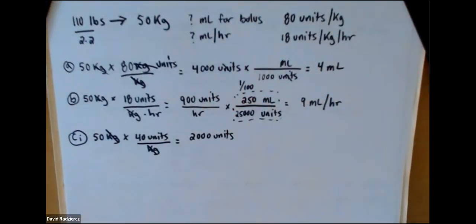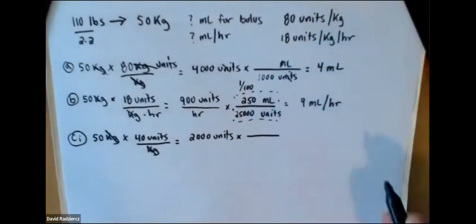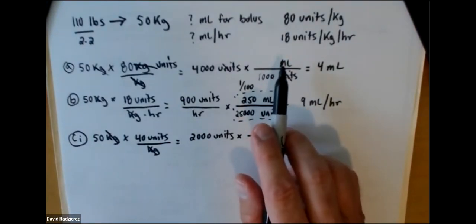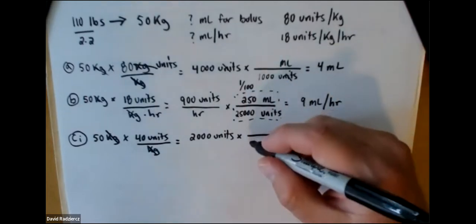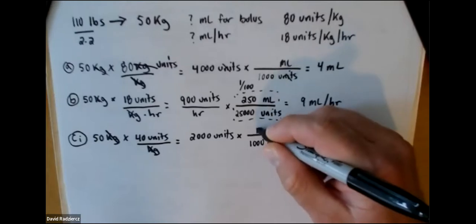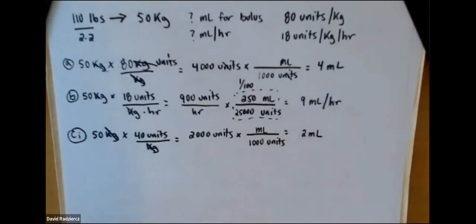I don't want units, I want milliliters, so I need to convert units to milliliters. I'm going to do so by using the same bolus dosage strength. Remember, it was 1,000 units per milliliter. And I'm going to get my initial bolus is 2 milliliters.